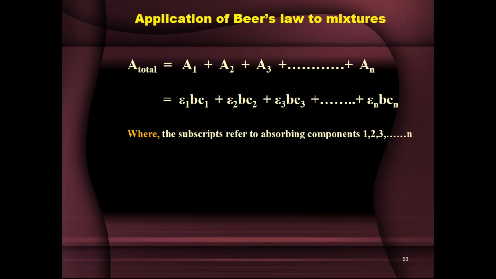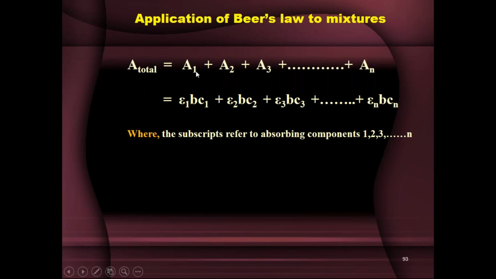If there is no interaction, then this equation holds true. Further, we can see that A1 would be epsilon 1 bc1, A2 is epsilon 2 bc2, A3 is epsilon 3 bc3, and so on. The subscripts refer to absorbing components 1, 2, 3.